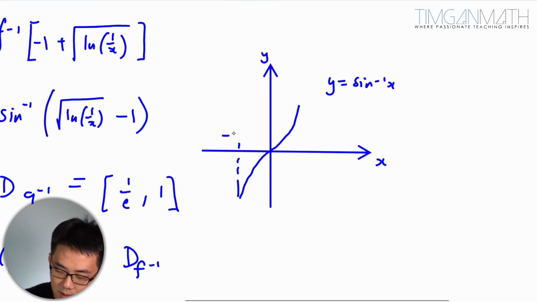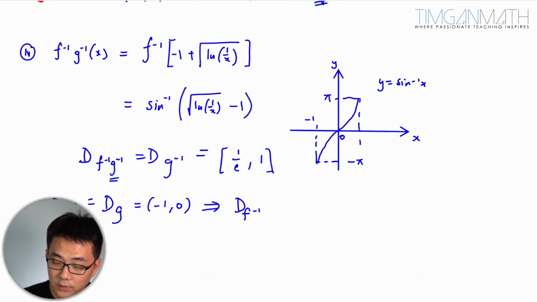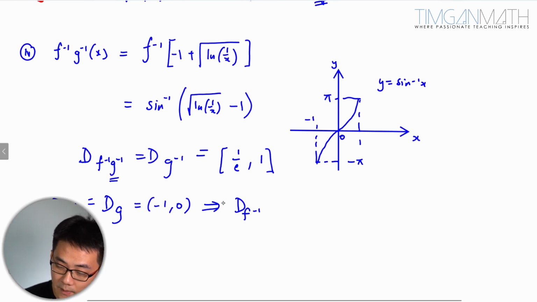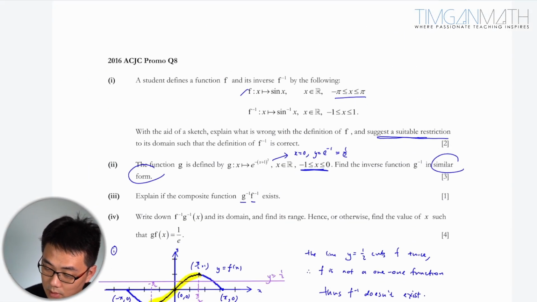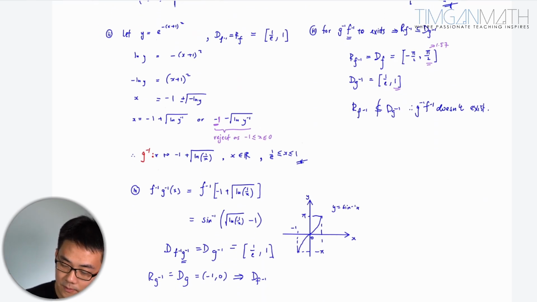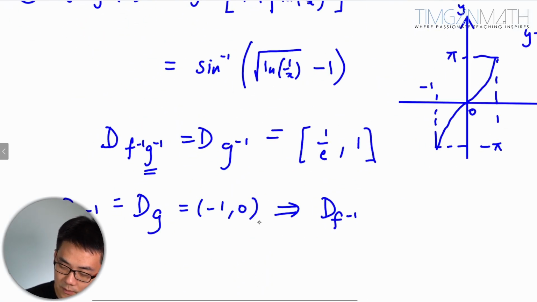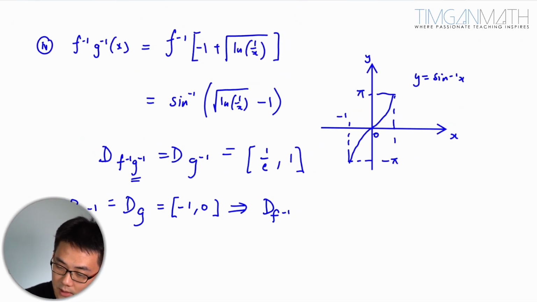This is minus 1, this is 1, this is pi, and this is negative pi. I'm going to take negative 1 to 0, inclusive, and map it into this domain. So what I get is here.